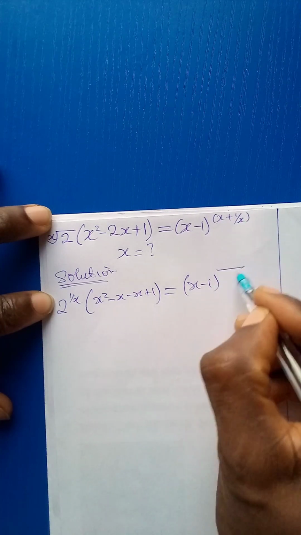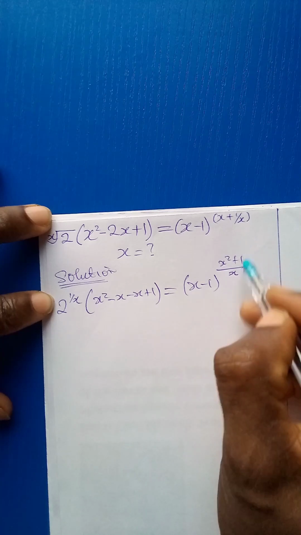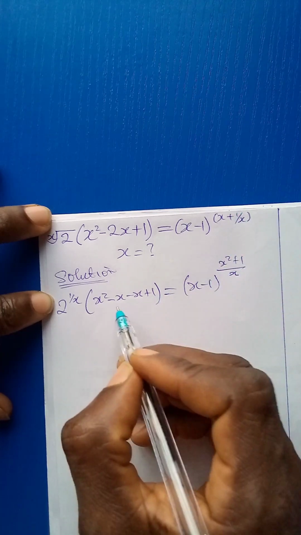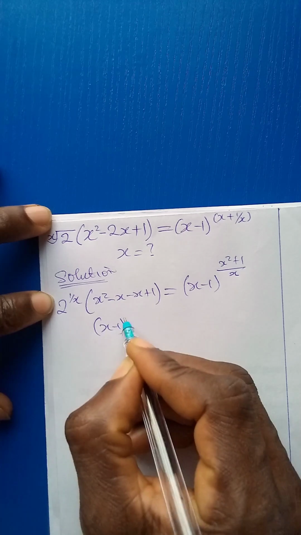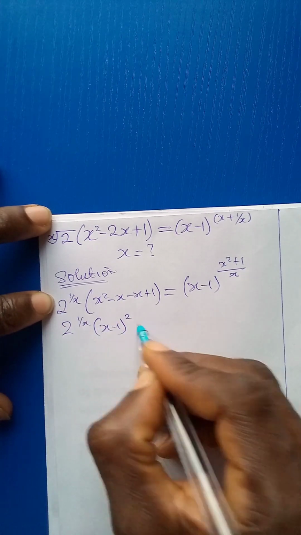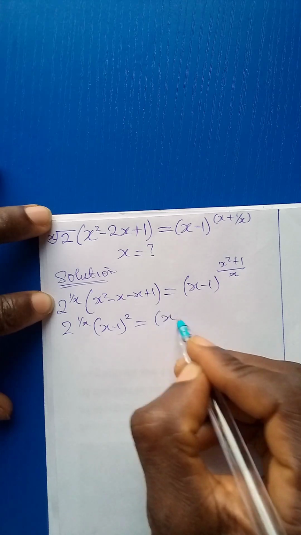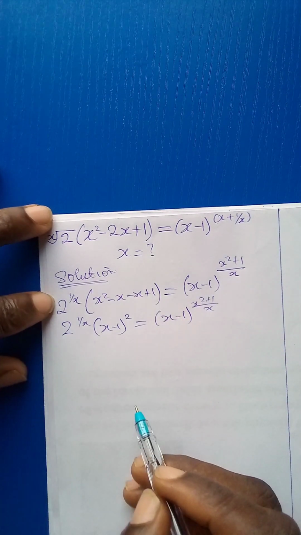Then this becomes x squared plus 1, where we convert it to a single fraction. So I was saying that we should factorize this into x minus 1 raised to the power 2. And here is 2 to the power 1 over x is equal to x minus 1 to the power x squared plus 1 over x.